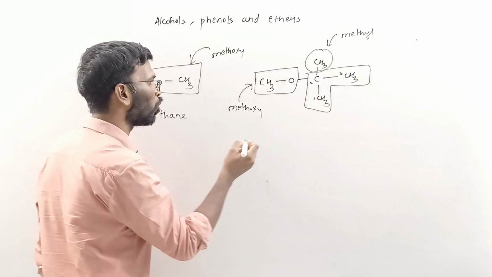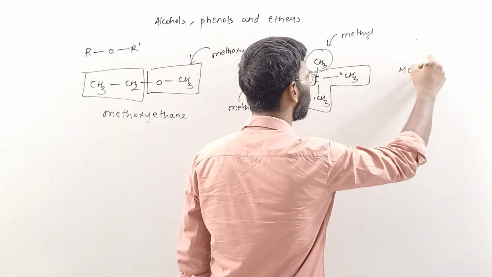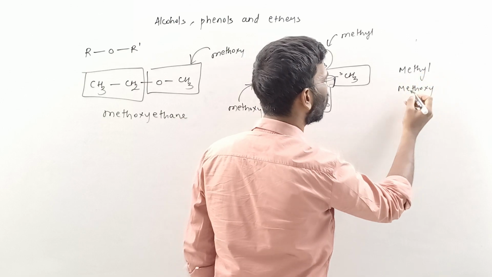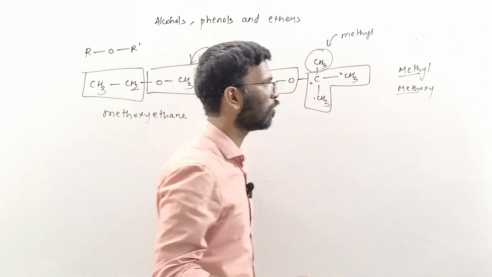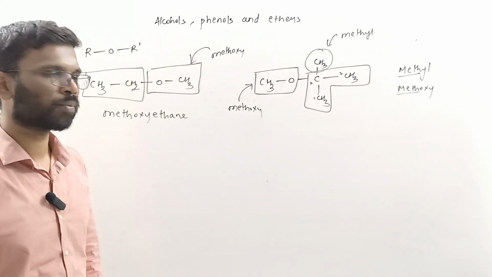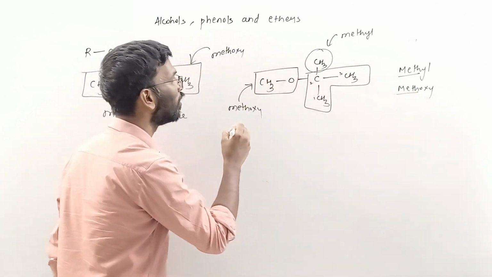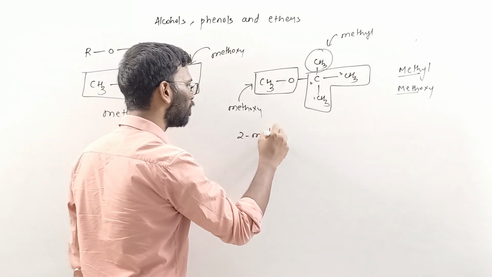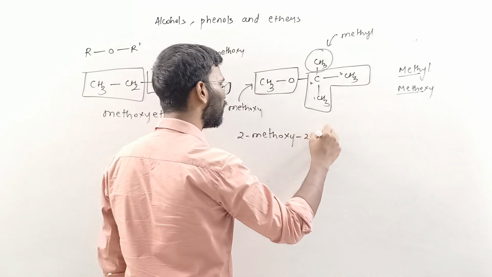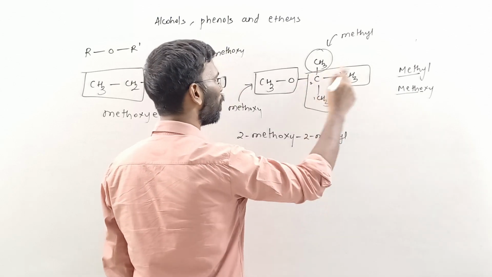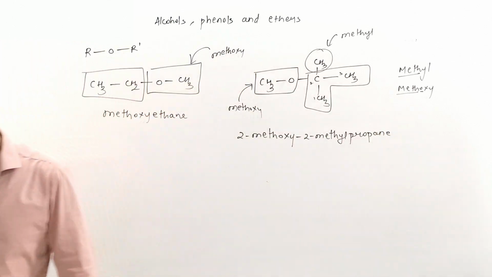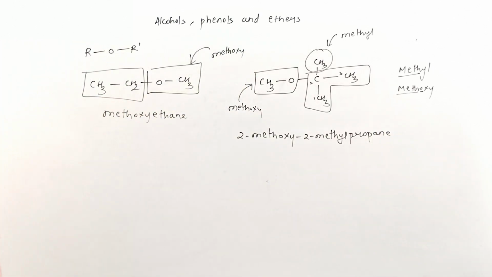So if I write methoxy and methyl, which will you write first in alphabetical order? Methyl and methoxy. Till here it is same. Does Y come first or O come first? O comes first. So I will write 2-methoxy, 2-methyl, and what is the parent chain? Propane. This is the name of that compound. This is how you will name the ethers.